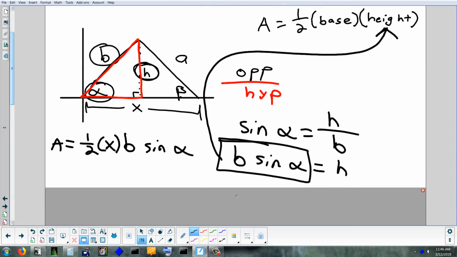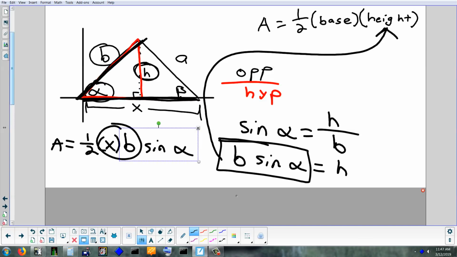Now, what's not important is what you call these two letters. You can call them anything. What is important is the pattern. It's 1/2 the product of two sides. X is a side, B is a side, times the sine of alpha.